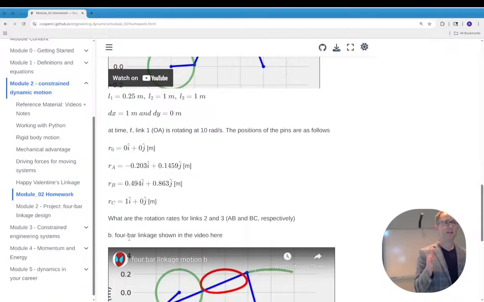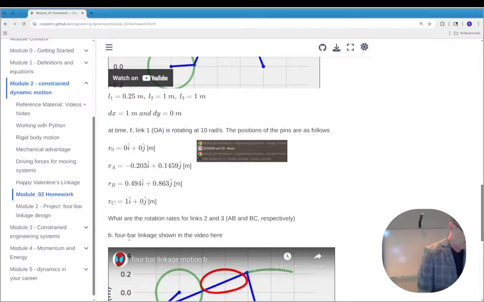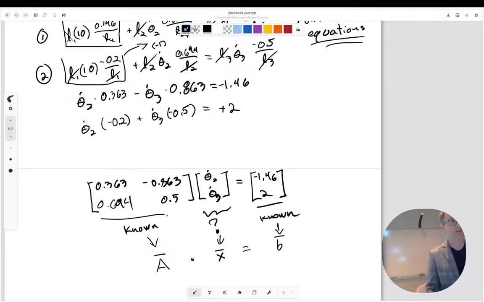Yeah, like what is the speedometer on rotation? That's rotation rate. And that's why when I was solving this specifically, I was saying, like, what is theta 2 dot? What is theta 3 dot? Because that's telling me rotation rate of link number 2, rotation rate of link number 3.